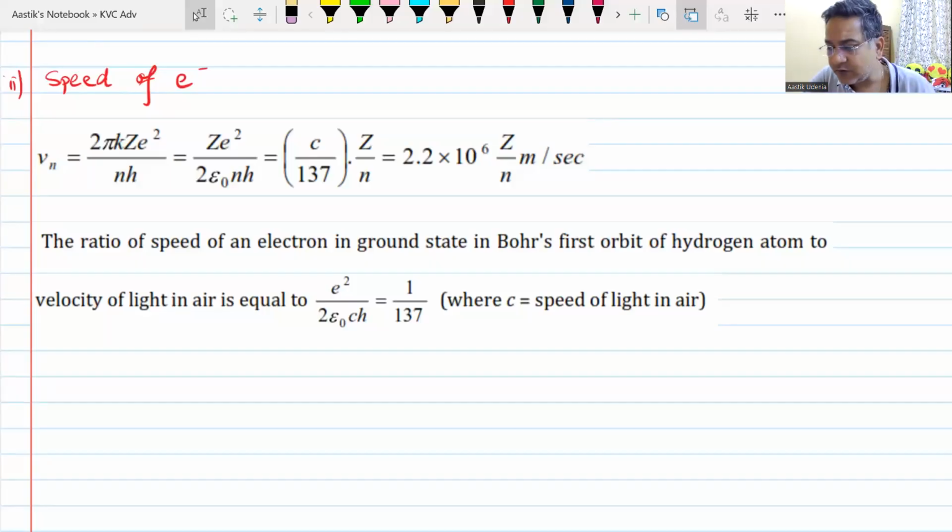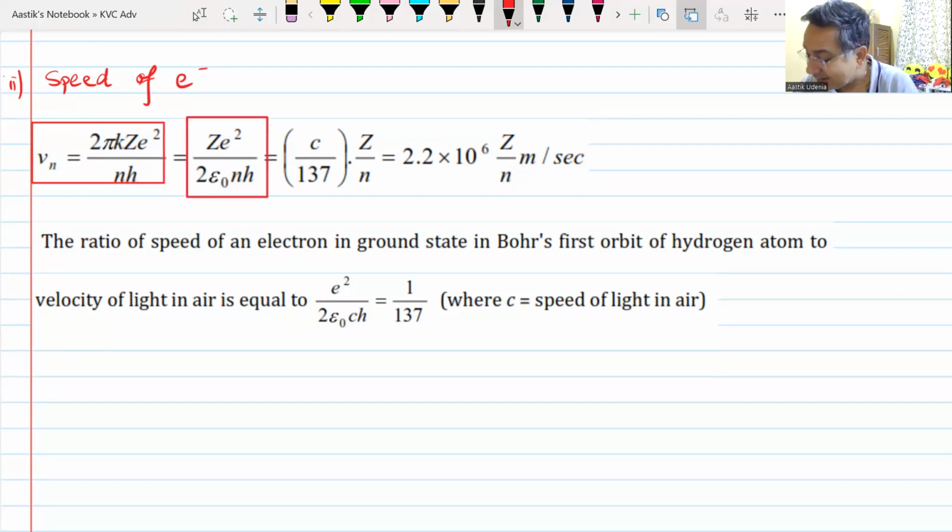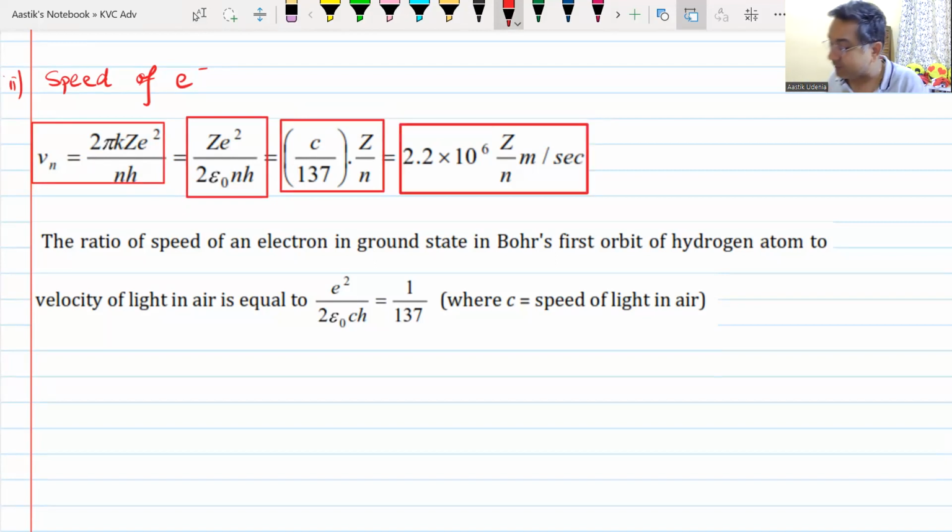The next formula that we are going to see will be the speed of an electron in an nth orbit, and there are different ways in which you can remember it. The speed in the nth orbit is given by this formula or this formula. This is the way that I remember: C by 137, where C is the speed of light. And if you do C by 137, you will have 2.2 into 10 raised to the power 6 Z by n.